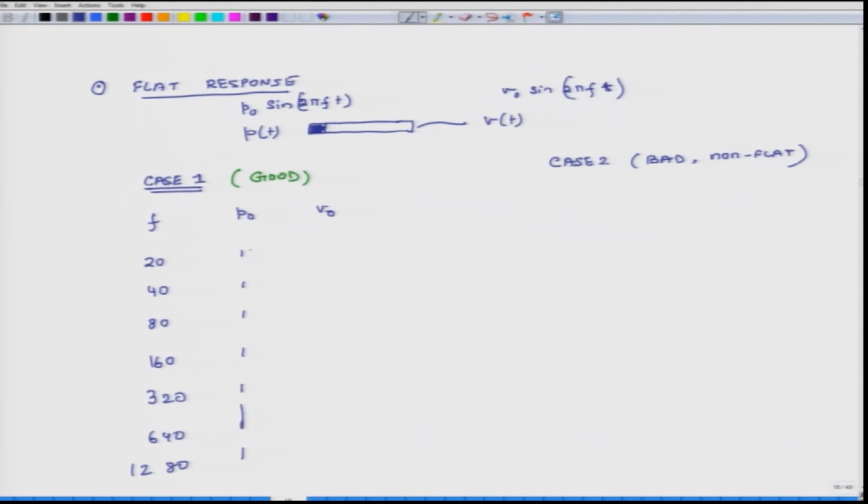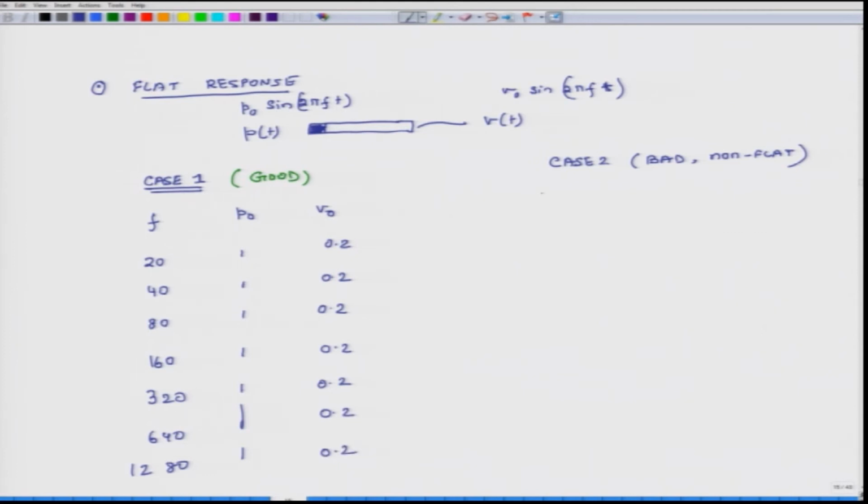First experiment: P naught sine 2 pi f t, where f is 20 hertz. Then in the second experiment, I am subjecting the microphone to 1 times sine 2 pi f t at 40 hertz, then 80 hertz, and so on. And I am measuring the value of V naught. Maybe in a good microphone, this will be 0.2, 0.2, 0.2, 0.2, 0.2, 0.2, 0.2.